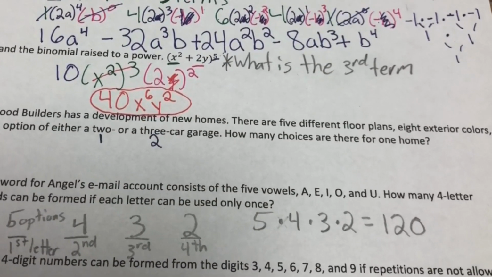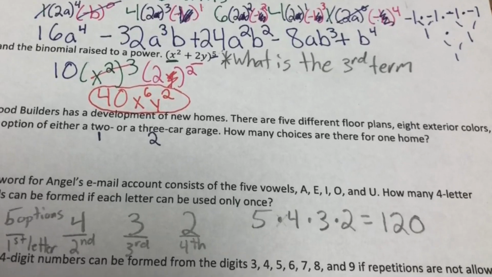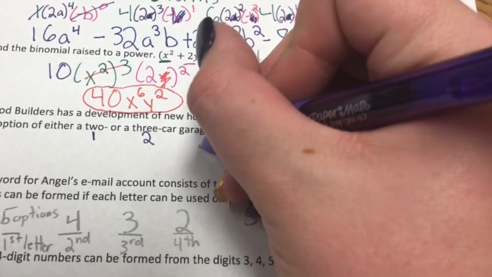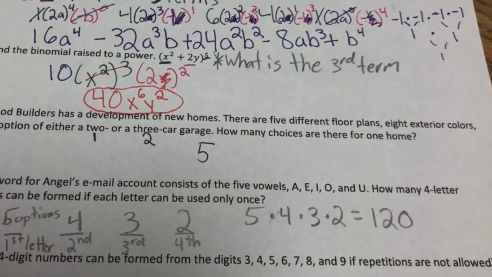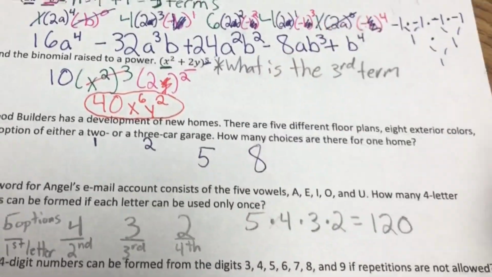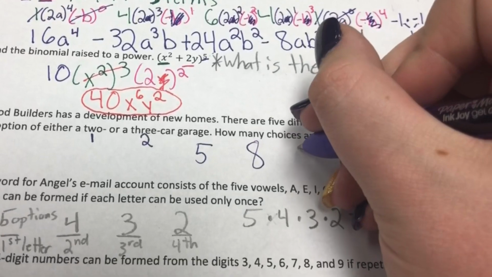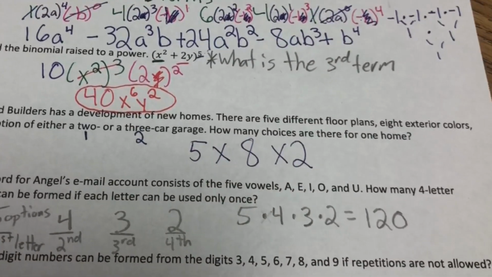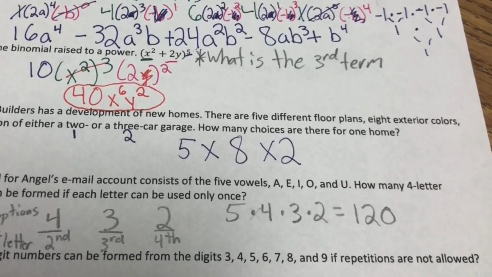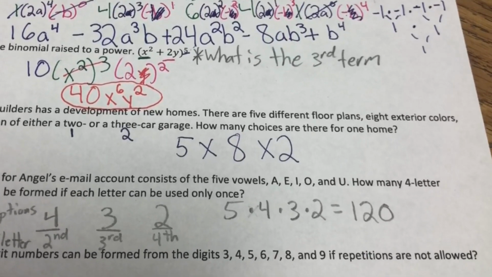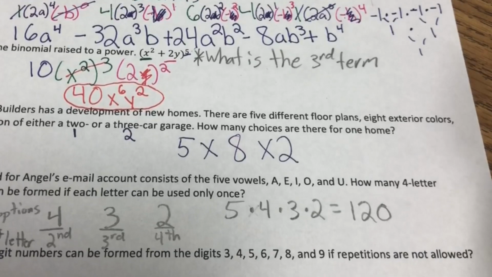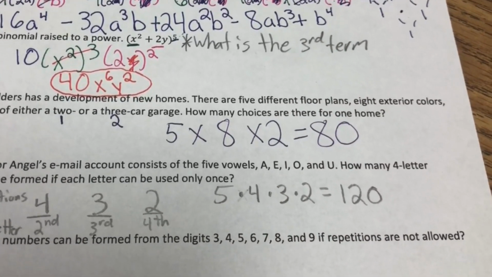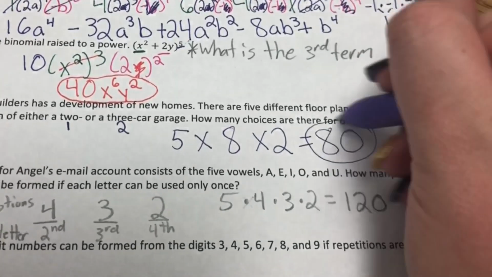So there's only 2 options for the garage. So the first option is 5, second option is 8, third option is 2. And you're multiplying the options together to get how many choices you have. When you do this, you get 80. And that's how many options.